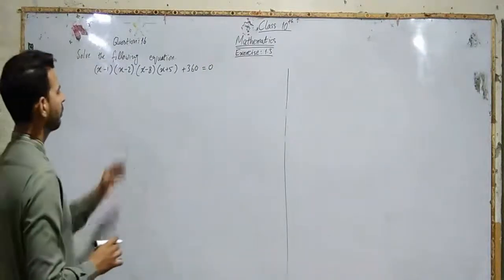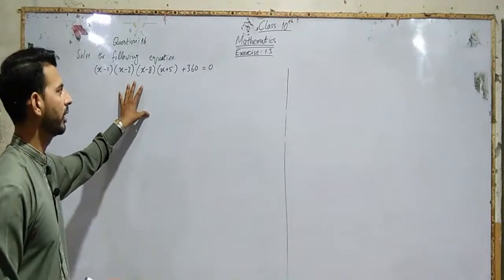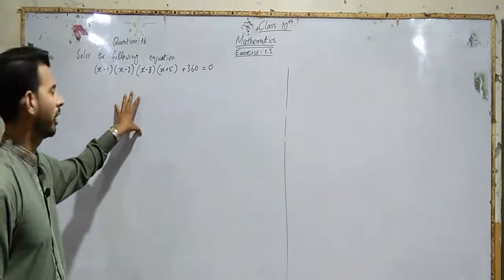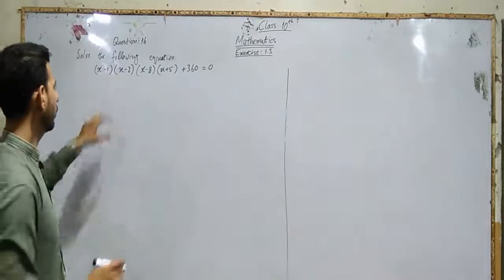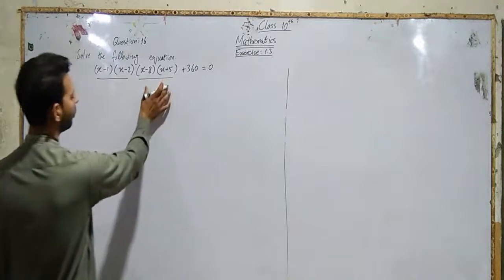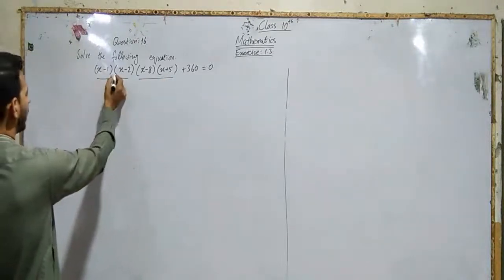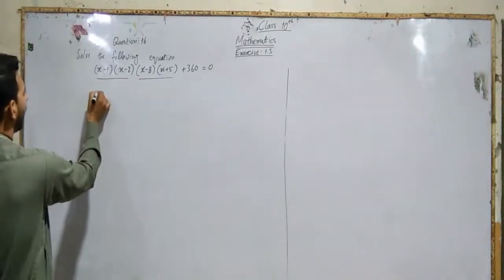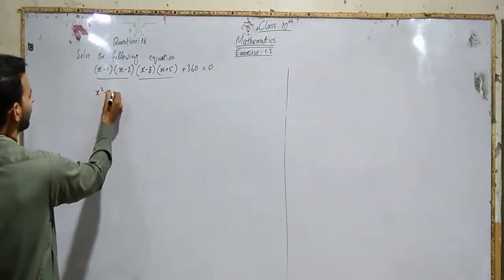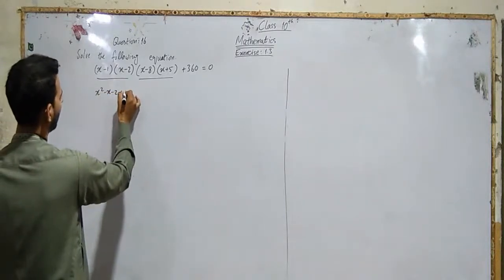So students, first of all we have to make it a quadratic equation and simplify it. First of all, we will multiply these two values and write it down. Multiplying these two, we will get x square minus x minus 2x plus 2.